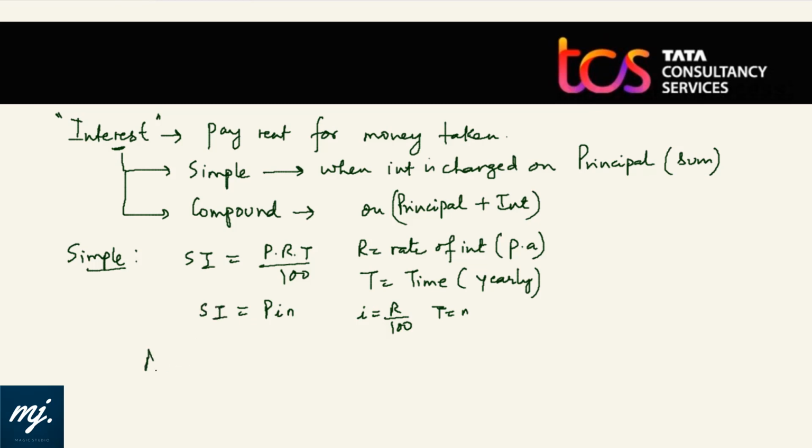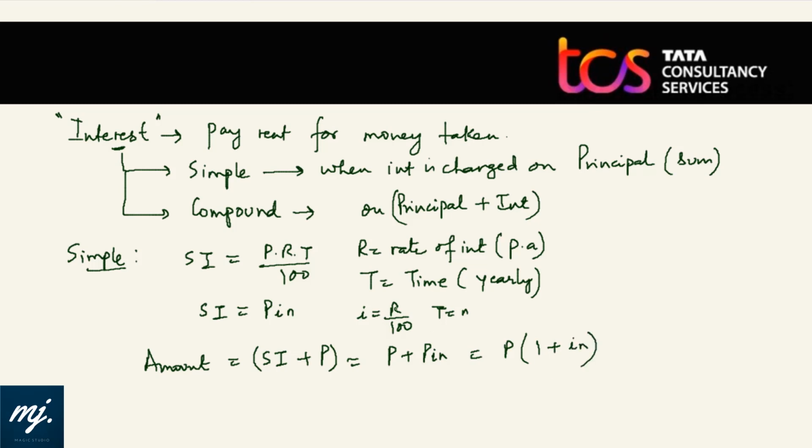Okay. Now amount is simple interest returned along with principal. So if they ask how much is the amount to be returned, it is nothing but principal, mool, and simple interest, sood. That again can be written as P plus PIN, or P into (1 plus IN).